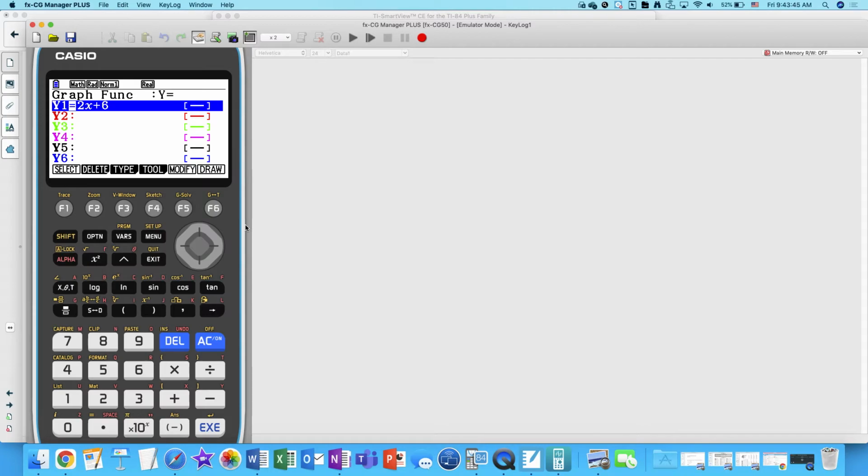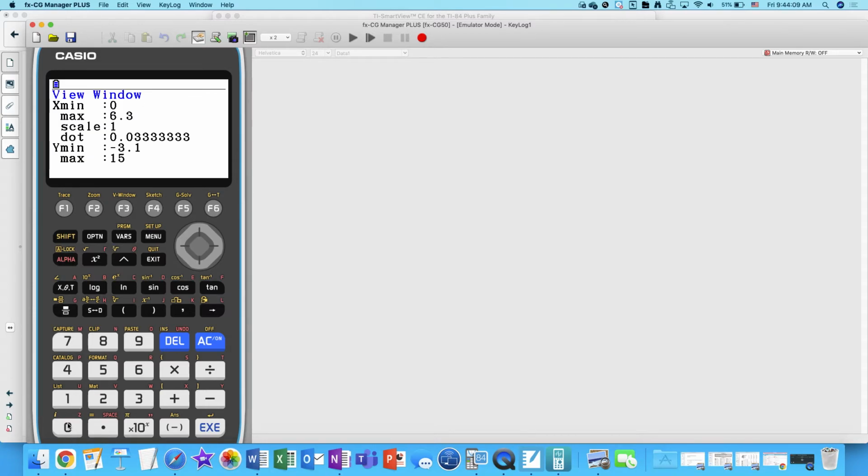Okay, that's all right. Okay, so on the Casio, I'm going to delete this. And then I'm going to enter in, again, 29x plus 99. And if I hit draw, again, I don't see much, right? So I'm going to go to my window, and I'm going to make my x min 0, and my x max 24.